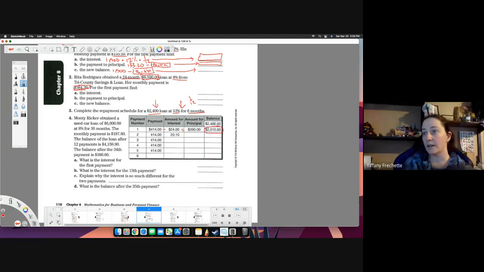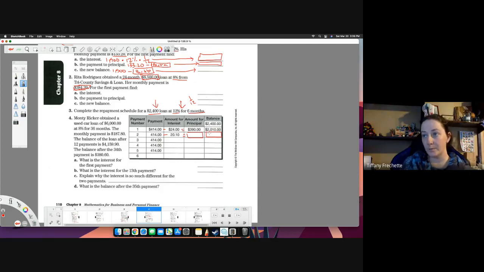Now it's $2,010 that we're going to calculate the interest based off of. We're going to say times 12%, and then divide that by 12. And that gives us $20.10. Subtract that from the payment, and that gives you your amount to principal. And then subtract that from your 2,010 to give yourself your new balance.